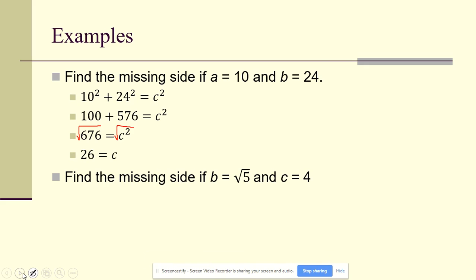For the bottom, we plug in for B and for C, and we evaluate 5 squared, which is 25, and 4 squared, which is 16. And so at this point, I want to subtract 5 on both sides.